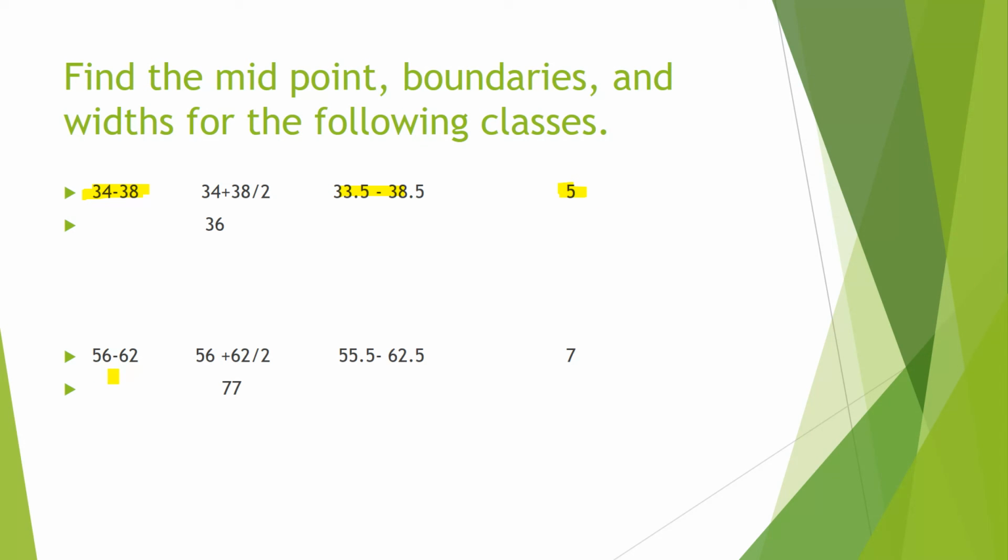And here 56 to 62, the midpoint is 59, you have to add and divide by 2. This is the boundary. You have to subtract 0.5 from the lower class limit, add 0.5 to the upper class limit, and then the width from 56 to 62 is 7. Right, so I hope everything is clear.